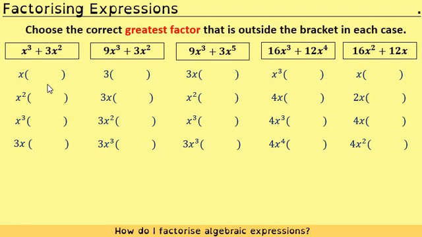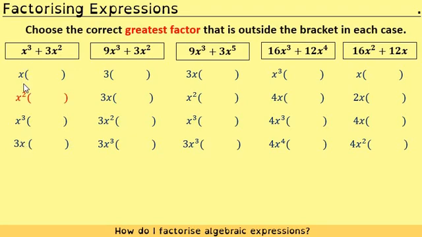Okay, so for the first one, the greatest possible factor we can take out is x squared, because we can't take out a number. We've got 3 here and we don't have anything here, so we definitely can't take out 3, so that eliminates this one.